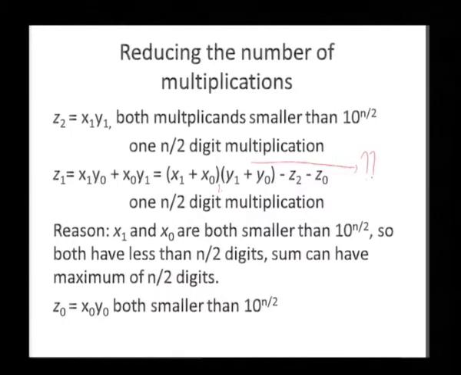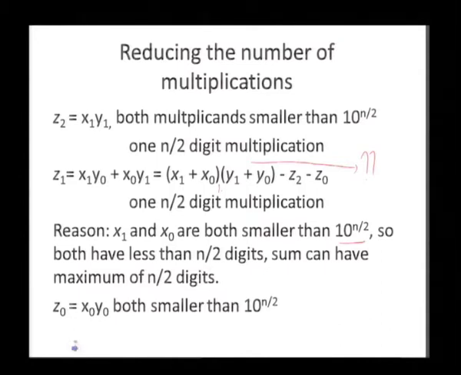This multiplication operation. Let us just observe that x1 and x0 both are numbers smaller than 10 to the power of n by 2. When you add both of them, how many digits can you get? You can have a maximum of n by 2 digits, because both of them are smaller than 10 to the n by 2.